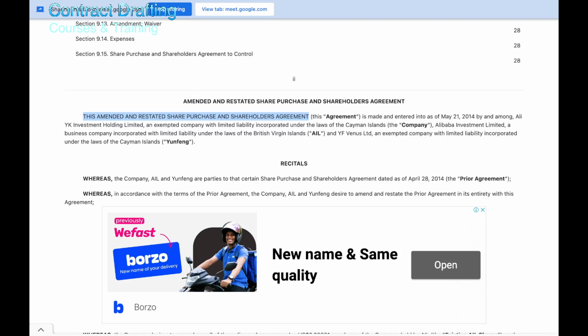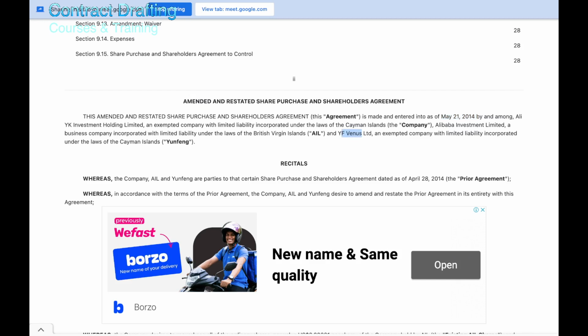Then they have said when it is executed and among whom. It has been executed on May 21st among company A, which is known as company, then company B, which is known as AIL, and company C, which is known as Yunfeng. Now there are three parties in this contract.